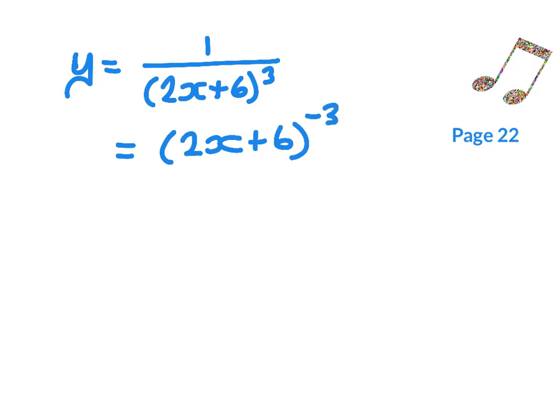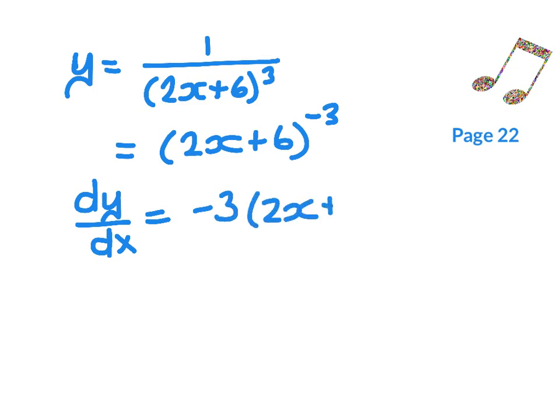So now I'm in a situation where I can differentiate the outside first by multiplying by the power and reducing the power by 1, keeping the bracket the same, then multiplying by the derivative of what's inside the bracket.